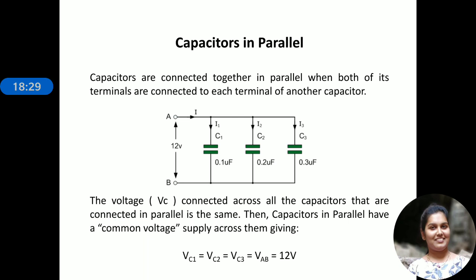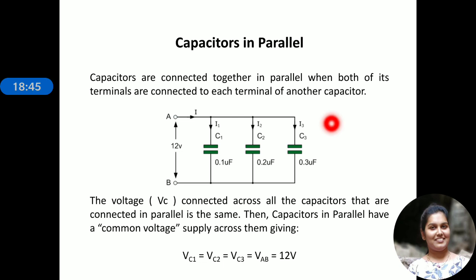That is, capacitors are connected together in parallel when both of their terminals are connected to each terminal of another capacitor. Then we call such a connection a parallel connection, right?